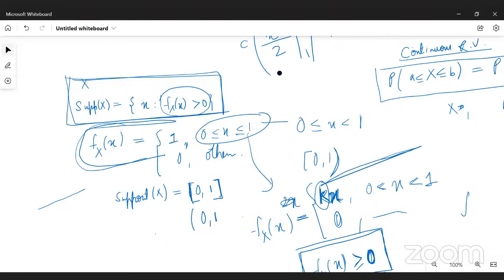Open interval (0, 1), because for the support, we are taking the values of x for which f_X(x) is greater than 0.